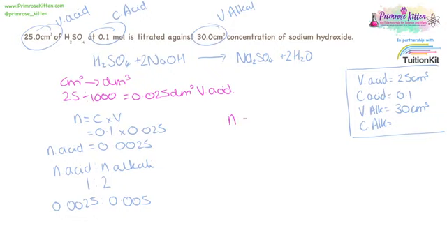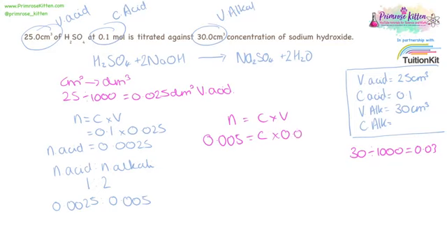We can use n equals c times v again. n is 0.005 equals concentration, that's what we're trying to find out, times volume. Again, we need to do 30 divided by 1,000, giving us 0.03.